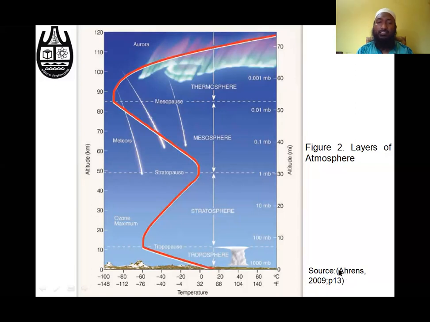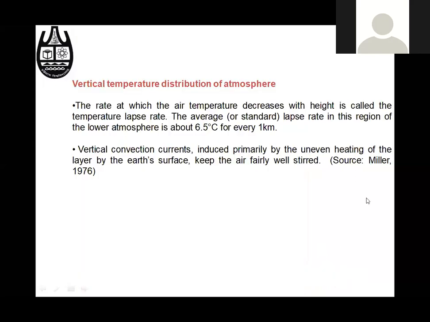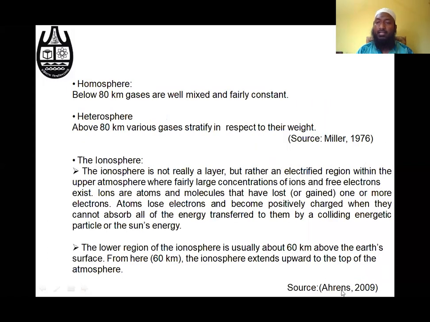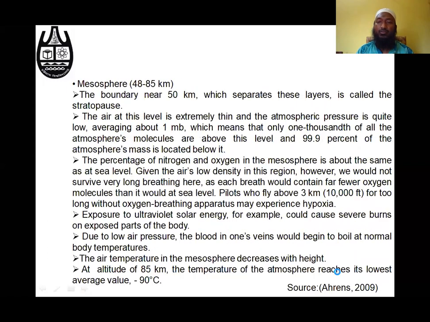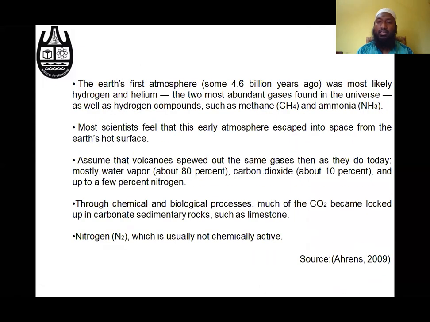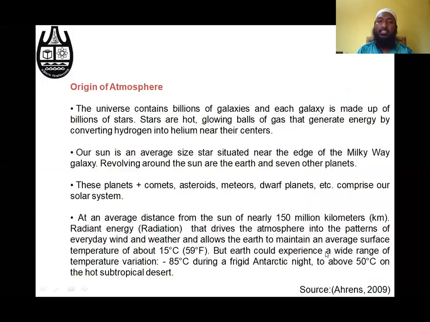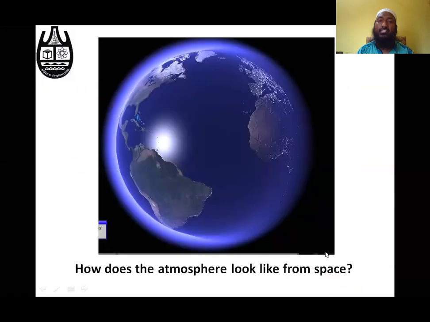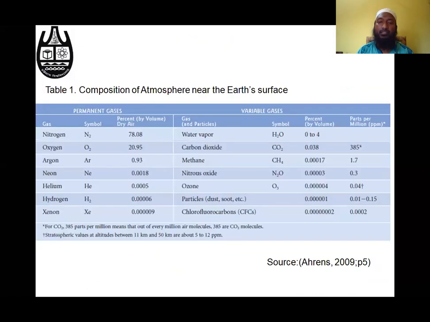Ahrens 2009. This is one of the books, and another book, for example, Miller 1976. This book I don't have, but you can find this book in our library. For example, this is Ahrens. So where I got the different sources, I wrote them down in here, and you can get them easily and read from there for your exam.